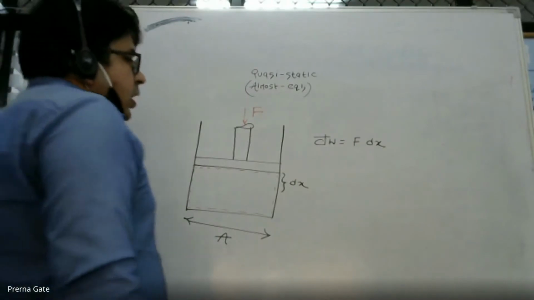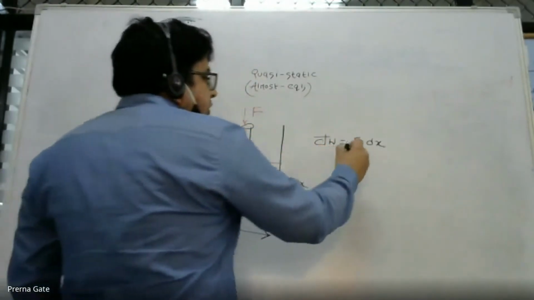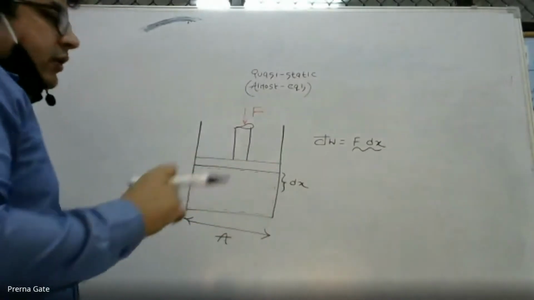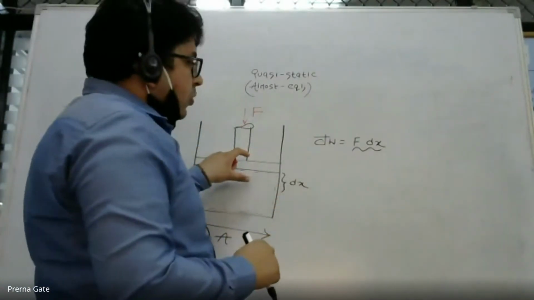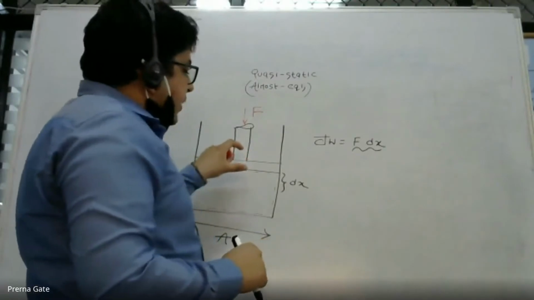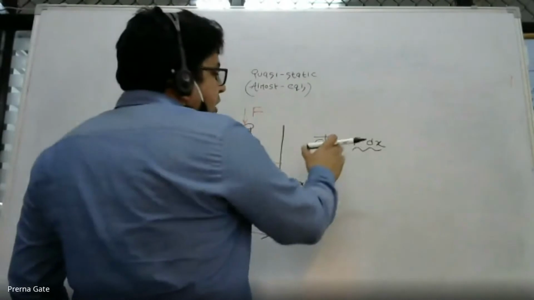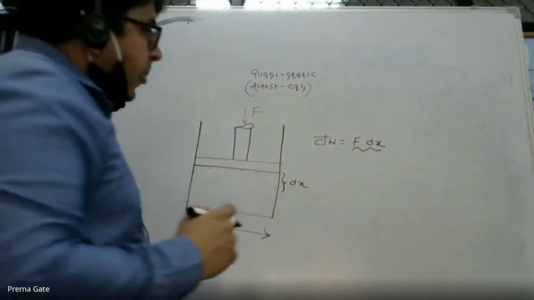Okay, now I would like to convert this equation into that form which can be measured. Okay, so it is very difficult to measure force here. Okay, but I can measure pressure by the help of a pressure gauge. So I would like to convert it into terms of that parameter that can be measured very easily.